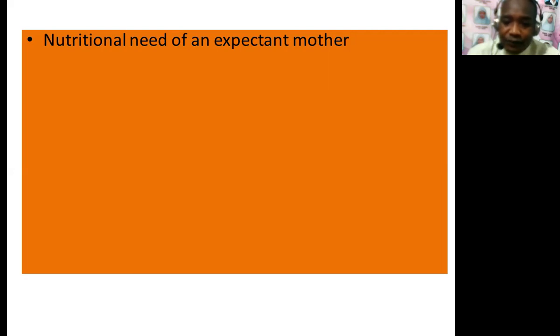The second type of food is proteins. Proteins are required for proper growth and development of the baby. Sources of protein are as follows: fish, beans, sardines, milk, eggs, green grams, njahi, beef, chicken, groundnuts.